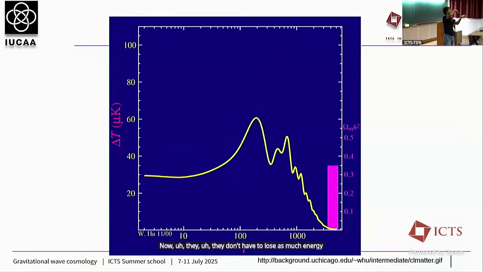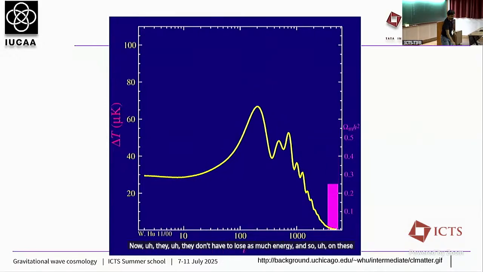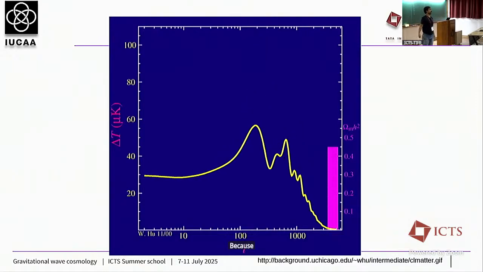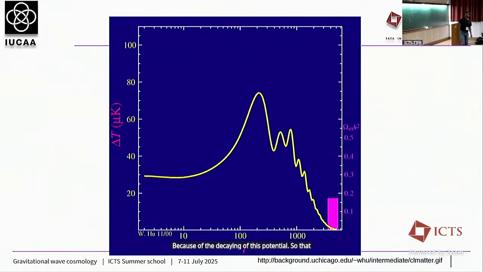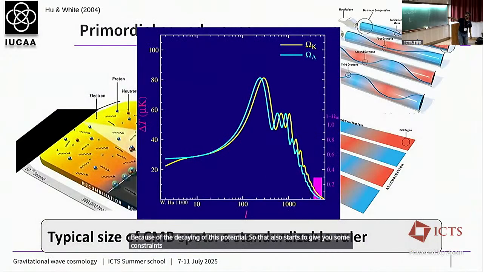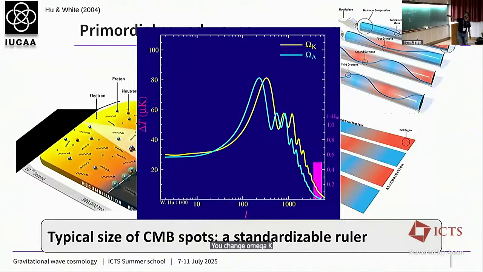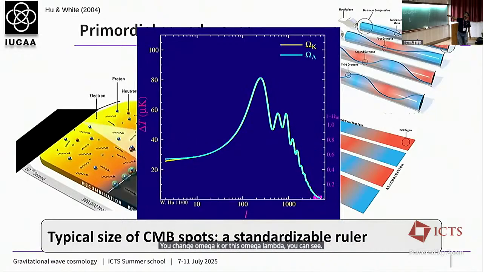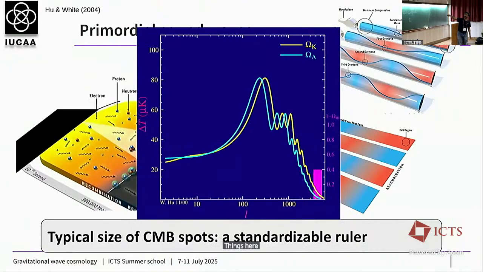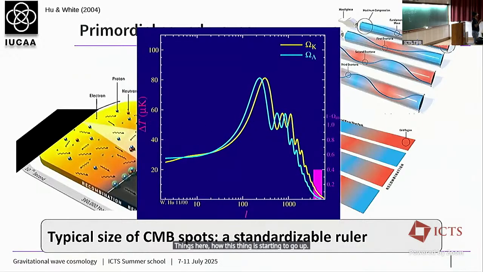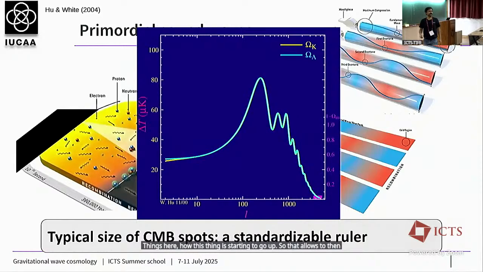And so on some of these larger scales, you start to see the effect because of the decaying of this potential. So that also starts to give you some constraints. That can be seen here, for example. You change omega k or this omega lambda, you can see how this thing is starting to go up. So that allows you to constrain all these different parameters.